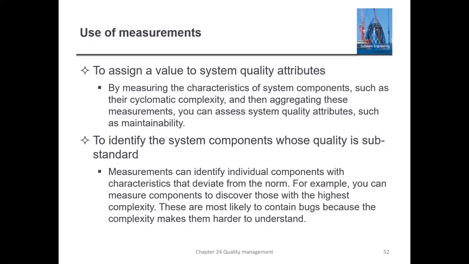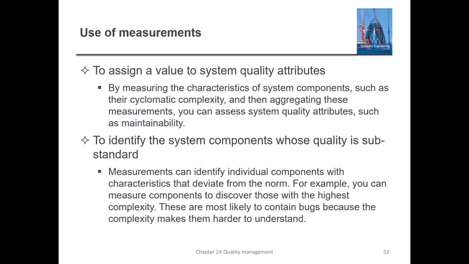Now the next one is to identify the system components whose quality is substandard. So what are you going to do here? We have to find out, through the individual components, which ones have characteristics as per the norm and which ones deviate from the norm.